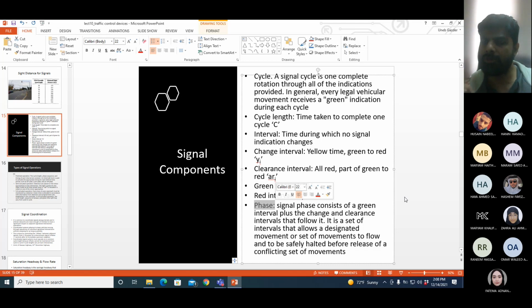During these 3 times, no other movement will be allowed. The next movement will have its yellow or green once the phase has finished for this particular movement. So phase is the total time during which a movement is allowed to go, and it includes green, yellow, and all red time. And after all red time, any other movement can begin. So this is one phase.